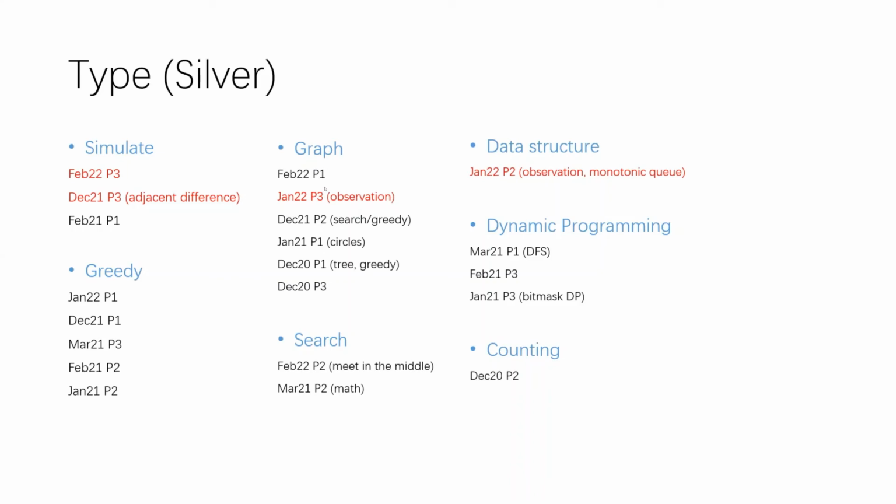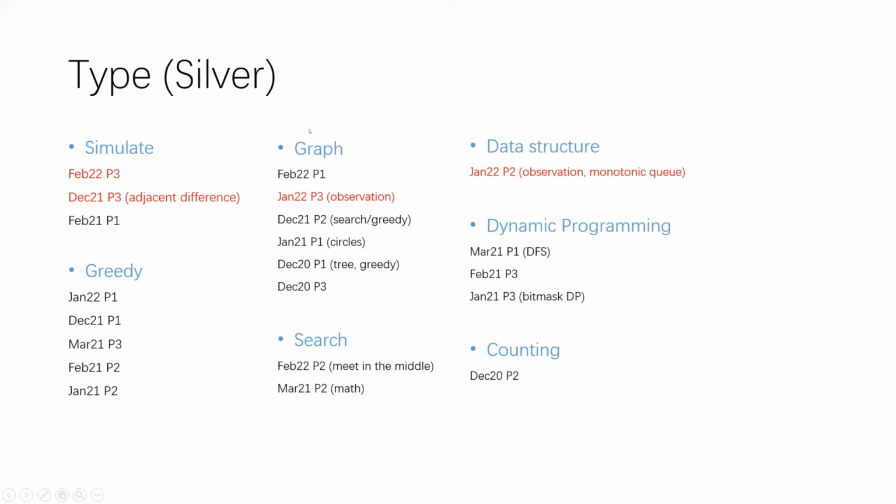So graph problems are the most common problems in silver. Okay, and we also have dynamic programming problems and data structure.